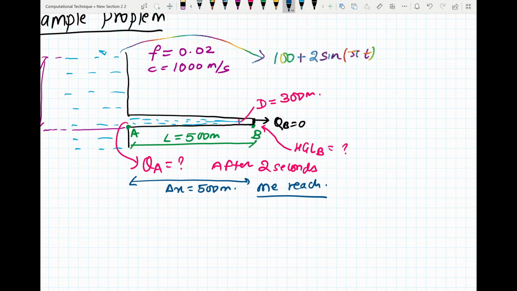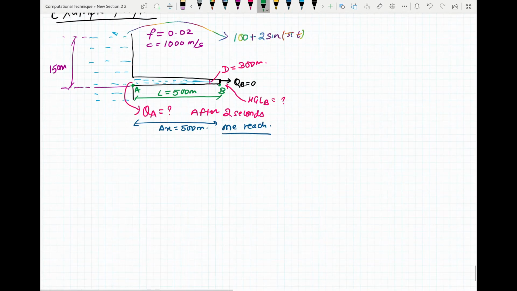So in this problem, you are given your head at A as a function of time since you are given your celerity speed.